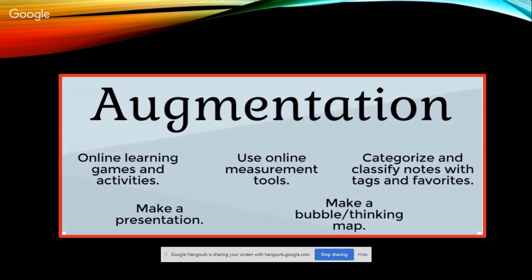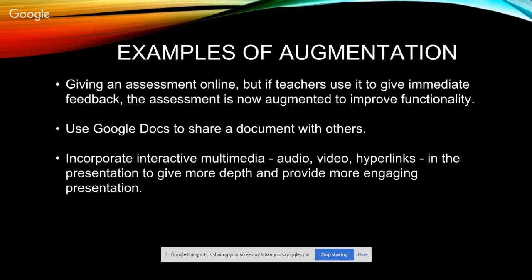The PowerPoint in substitution was just a PowerPoint. Now you might add links, you might add video to your presentation. Some more examples of augmentation would be using Google Docs. You're sharing your document with your teacher or with your peers. Again, with the presentation, you're adding audio, video, hyperlinks. This is a functional improvement.